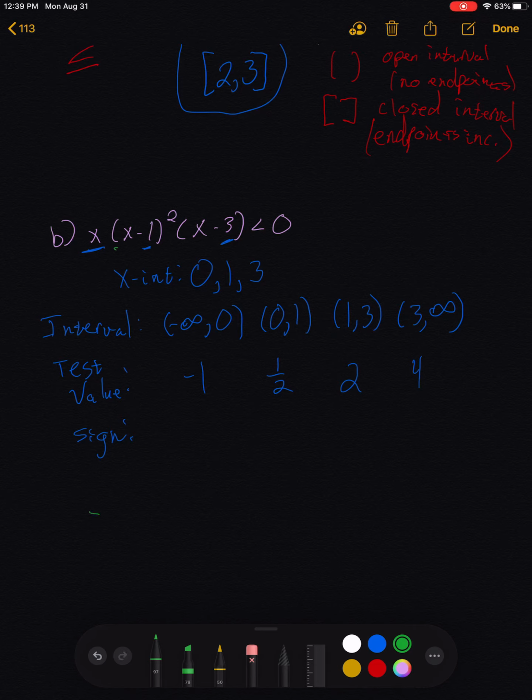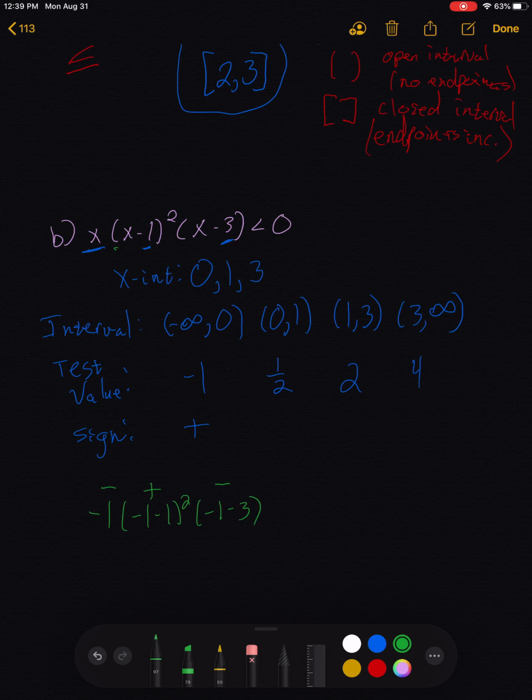We have x is -1 times x minus 1, so -1 minus 1 squared, times x minus 3, so -1 minus 3. I always know that middle term, the square term, is always going to be positive. So I have -1 is negative, times something I know is positive. -1 minus 3, that's definitely negative. So I have a negative times a positive times a negative. That result is going to be positive.